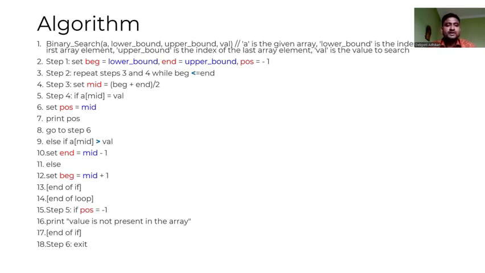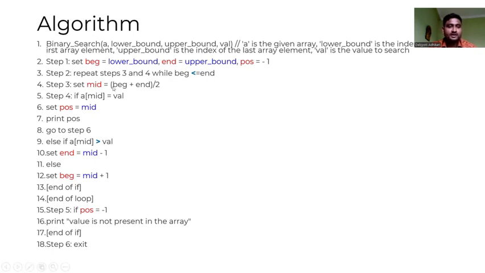Step 2, repeat step 3 and step 4 while beg is less than or equal to end. This line shows the algorithm will run until one element is present in the array. Then find the mid.